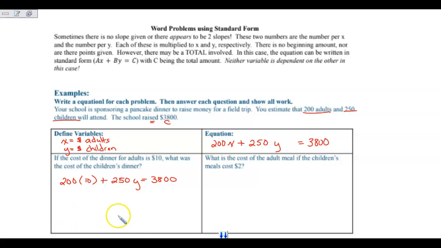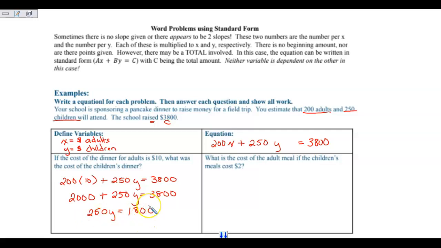So now all I have to do is simplify and solve for y. Well, 200 times 10, that's 2,000 plus 250y equals 3,800. Now I'm going to subtract 2,000 from each side. So I have 250y on the left, and 2,000 from 3,800 is 1,800.